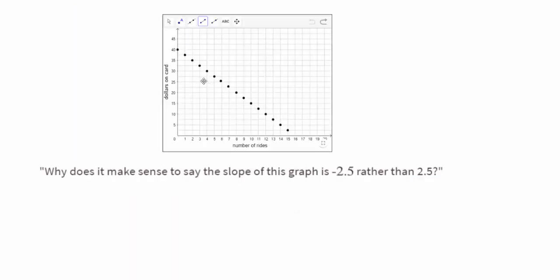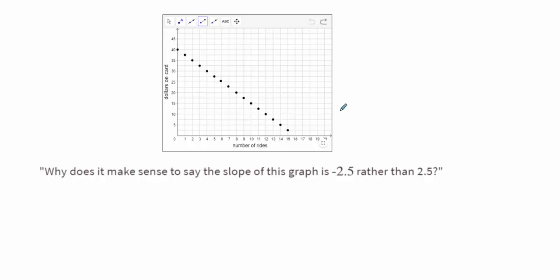Okay, so on this graph, why do you think it might make sense to say that the slope of this graph is negative 2.5 rather than 2.5? So some students said, because it's going down. The graph is going down, so it's negative.